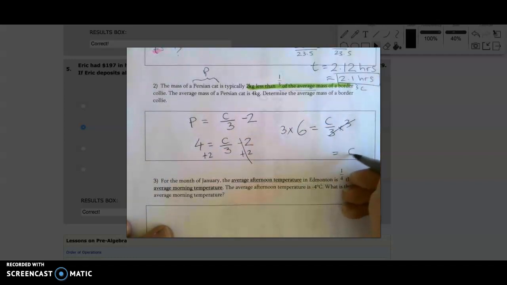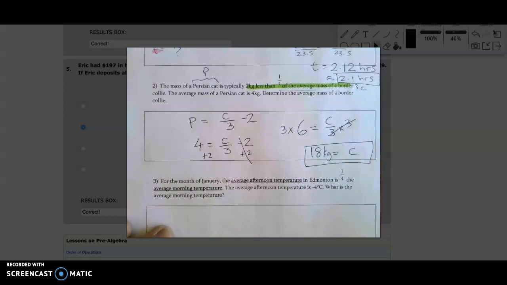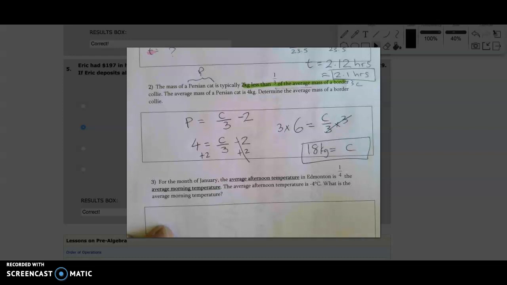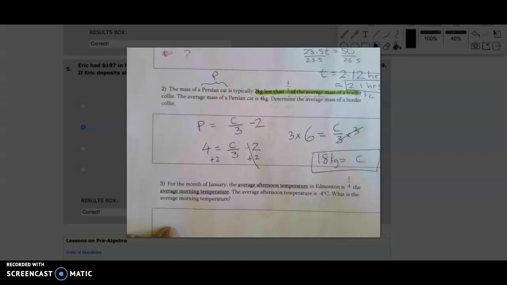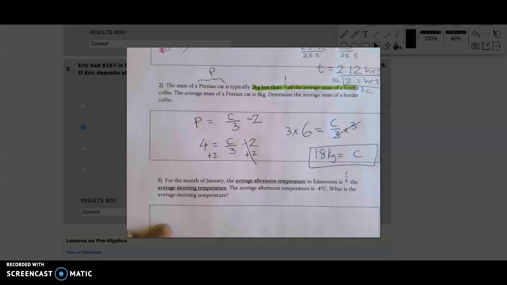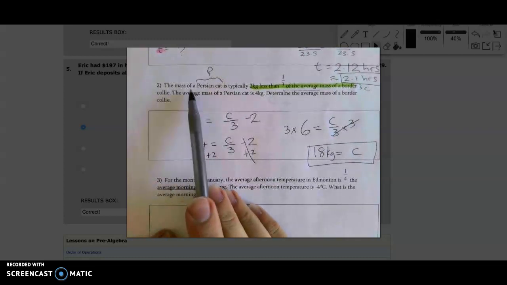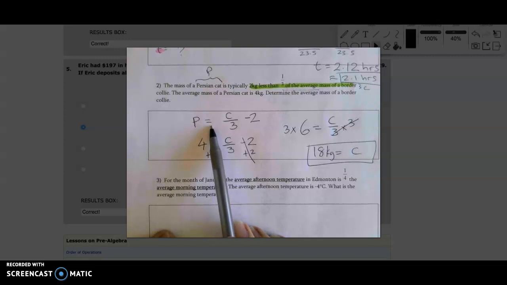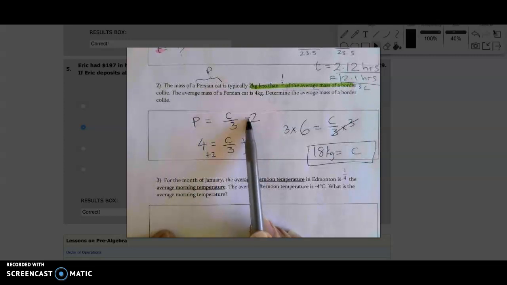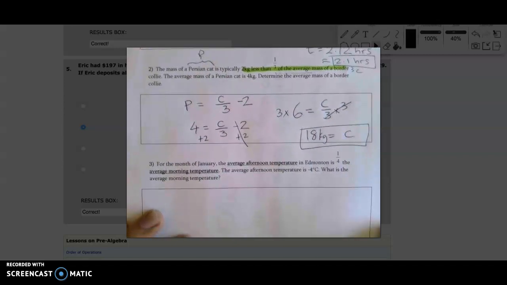So my border collie is actually 18 kilograms. That's actually a very chunky border collie. All right. So again, please pause the video if you need some time to catch up, okay? But I'm going to read this to you one more time. The mass of a Persian cat is 2 kilograms less than 1/3 of the average mass of a border collie, okay? All right, question 3.